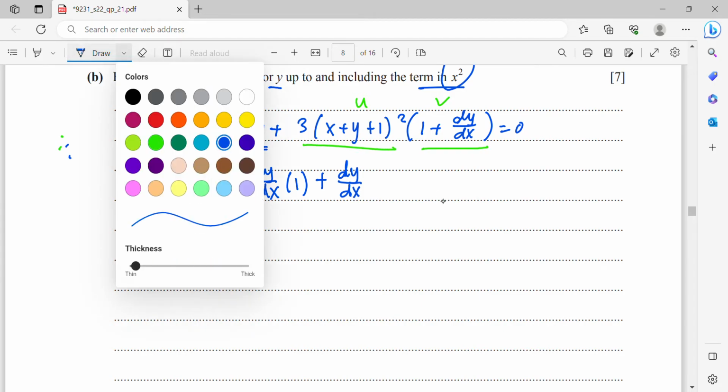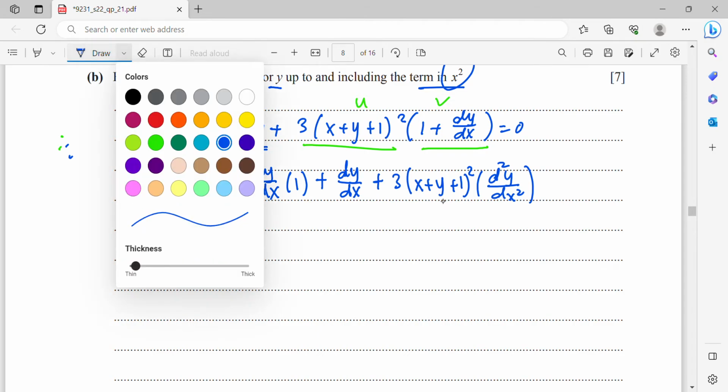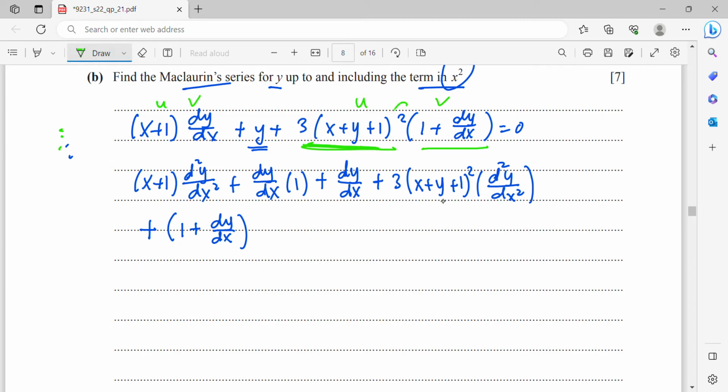So again, from the product rule, keep the first. So I'm going to copy all these terms as my u. Differentiate the v. So differentiate 1 will be 0. Differentiate dy/dx is d squared y over dx squared. Now, again, plus, keep the 1 plus dy/dx, keep the v, and differentiate the u. So when you differentiate the u now, these two will be multiplied with 3.